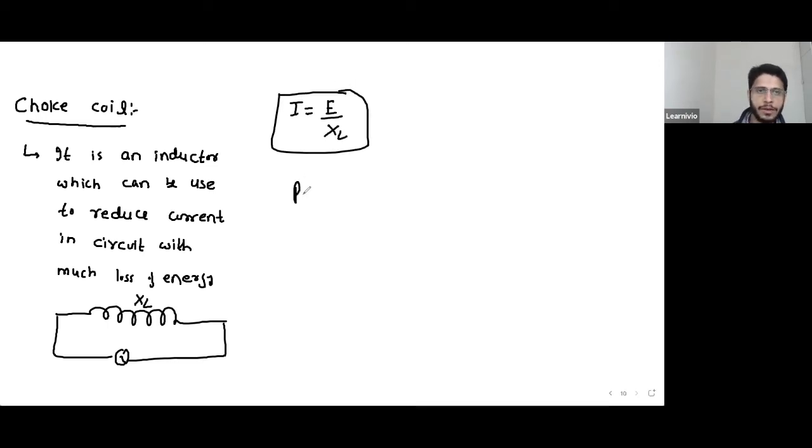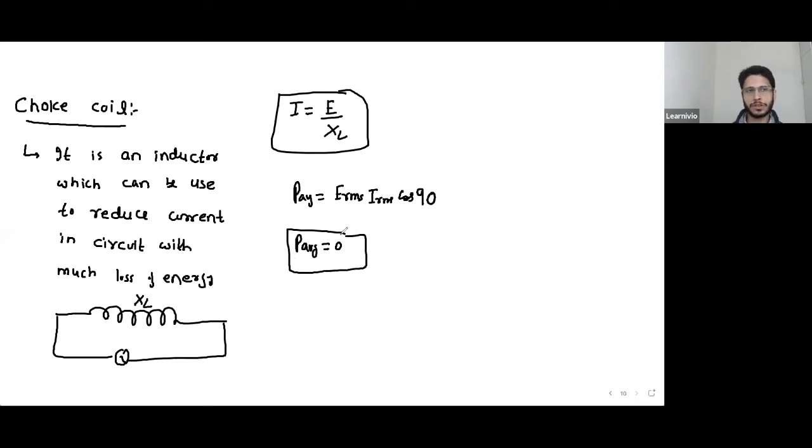But if you try to calculate the average power, that's ERMS, IRMS, cos phi, and the phase difference is 90 degrees. So your average power comes out to be 0.